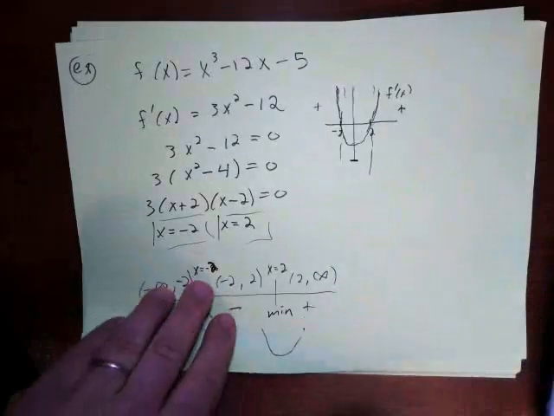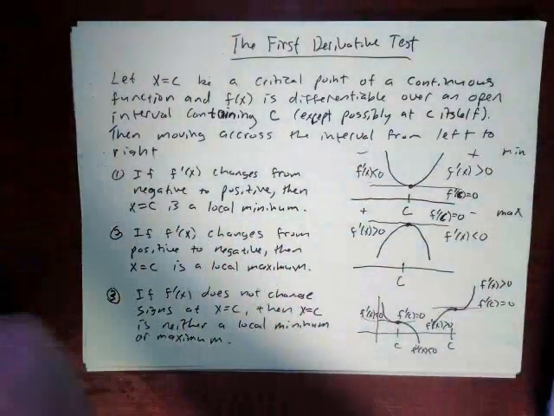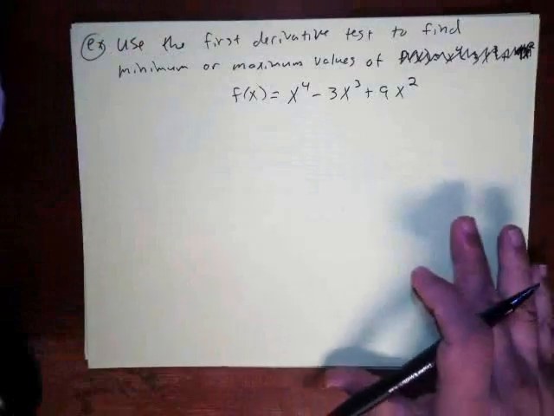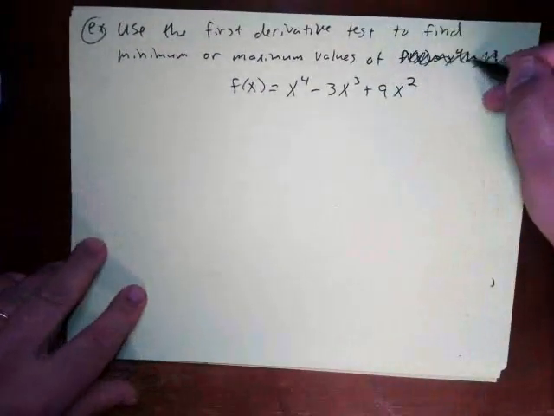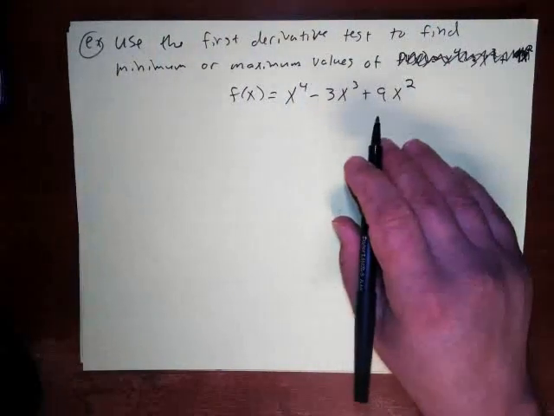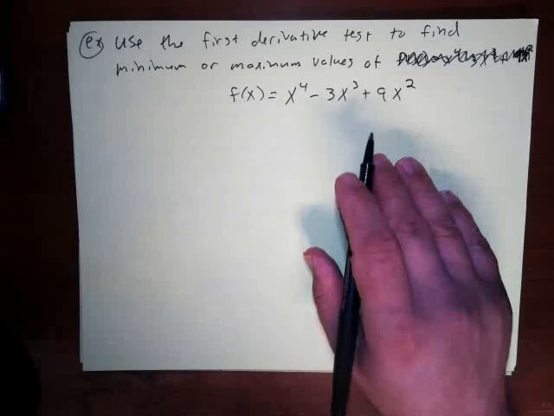Kind of handy there. I have one more to do here. Let's try this one. Sorry for the mess there. Let's try to use the first derivative test to see where this function might have mins and maxes.